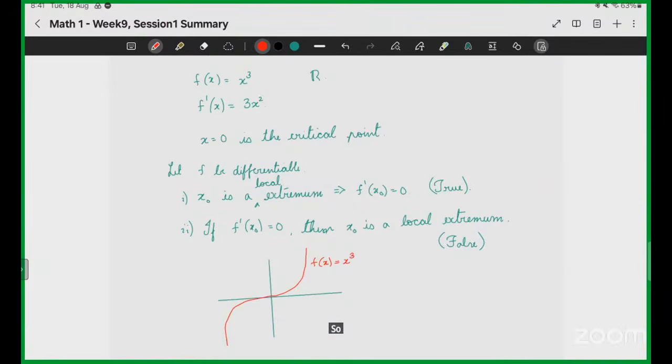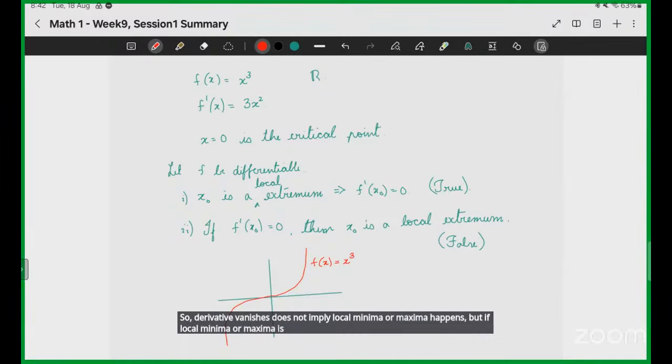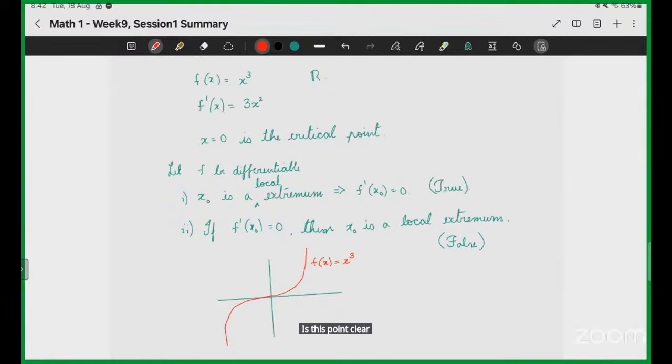So x is equal to 0 is not a local extremum, but it is a critical point. So derivative vanishes does not imply local minima or maxima happens. But if local minima or maxima is true and the derivative exists, then it has to be 0. Is this point clear?